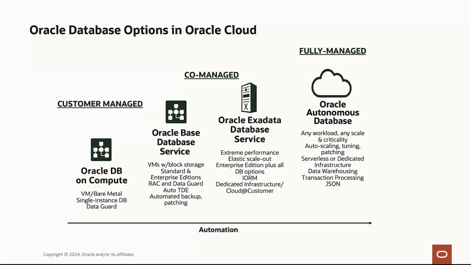OCI offers single node database systems on either bare metal or virtual machines, and 2-node RAC database systems on virtual machines. You can manage your database systems by using either the console, APIs, Oracle Cloud Infrastructure CLI, the Database CLI, Enterprise Manager, or SQL Developer. To the right, we have Oracle Base Database Service.